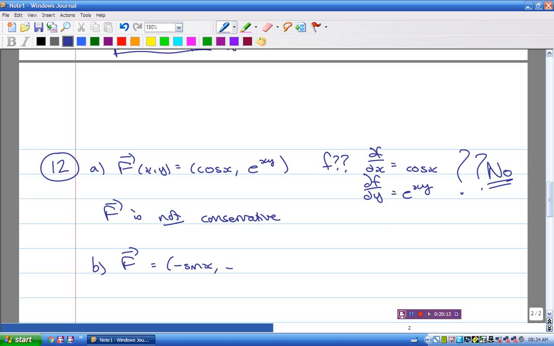I know how differentiating exponential functions works, so I know that if the y derivative had an e to the xy, little f would have had to have an e to the xy. But it follows then that the x derivative would also have had an e to the xy in it, and it doesn't, so there's no such little f. There is no such thing. It is not possible. Question.